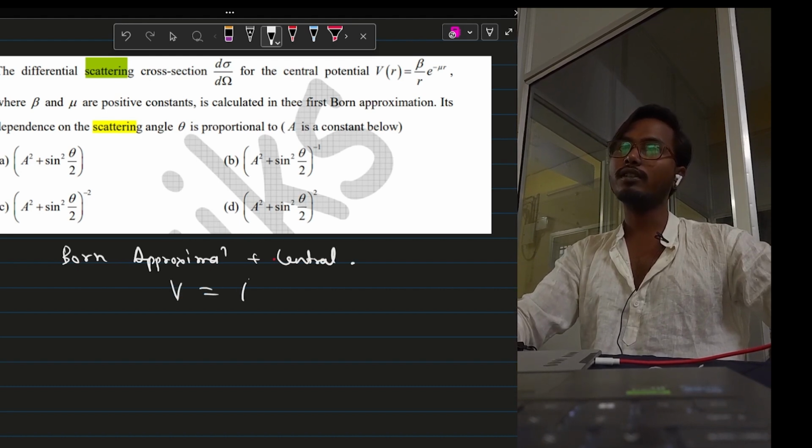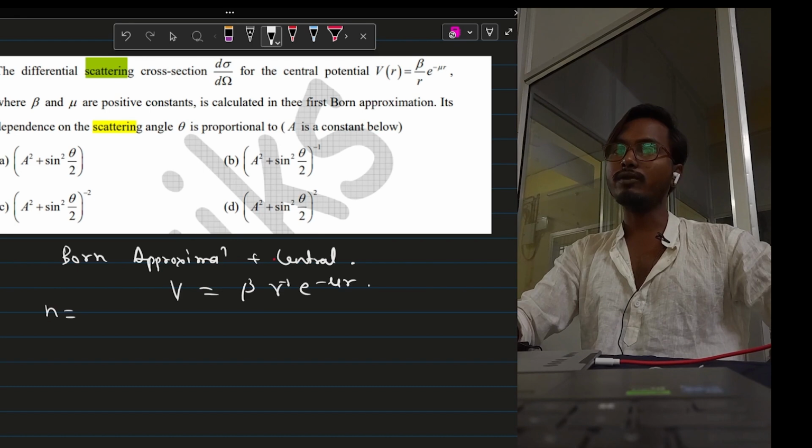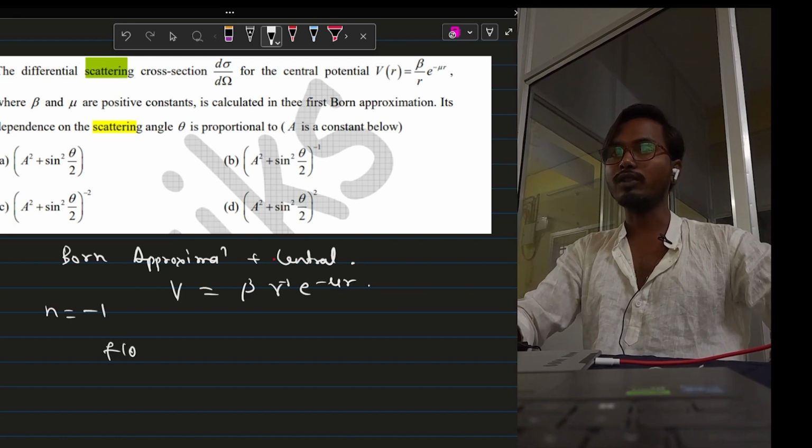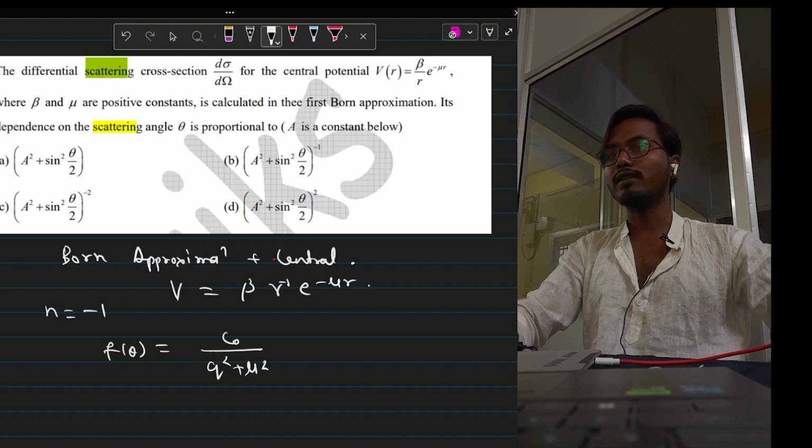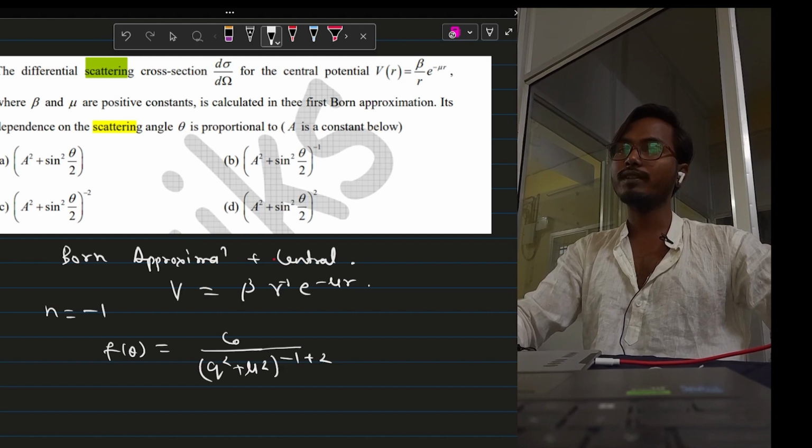Central potential beta r raised to power minus 1 e mu r. For n equals to minus 1, we know f of theta is proportional to q square mu square, and then n, the value of n is minus 1 plus 2. So effectively q naught divided by q naught square plus mu square.